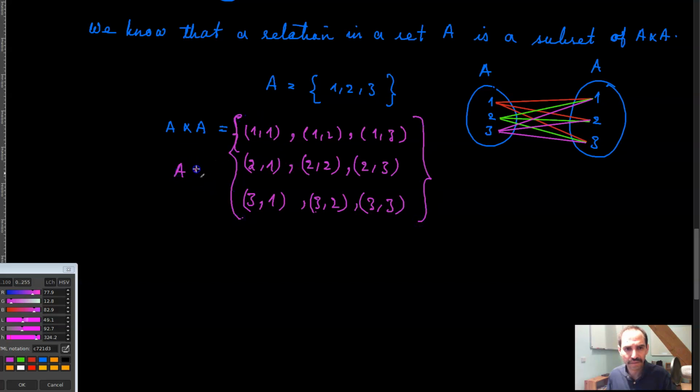Right, so this is the Cartesian product of A and A.